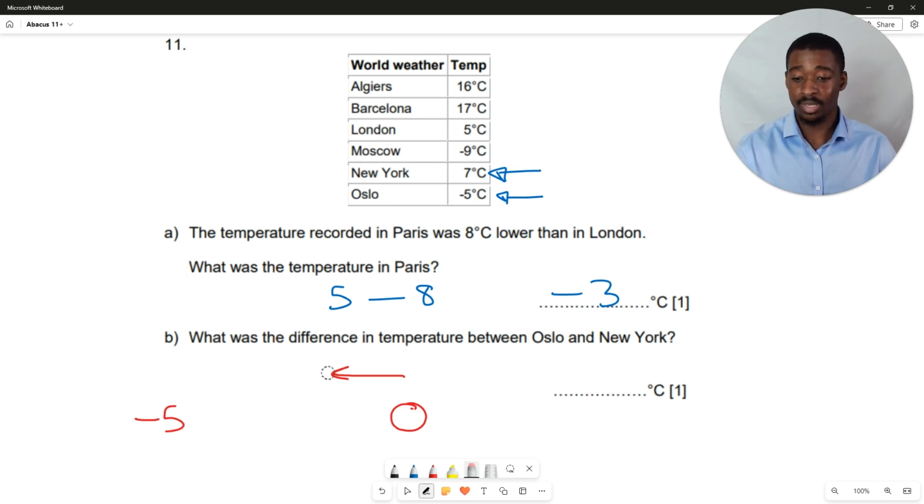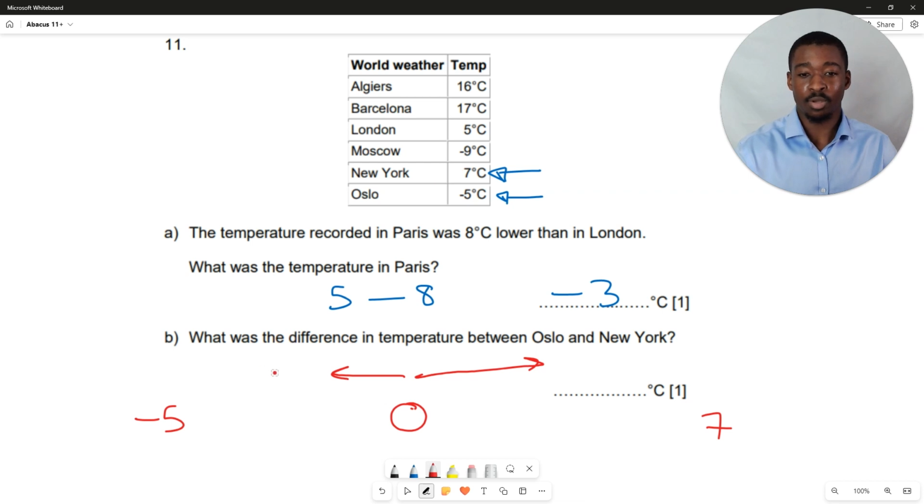And then 7 being a positive number is going to go to the right-hand side. It's going to be somewhere over here, 7 degrees Celsius. So the mistake here would be seeing the number 7, seeing the number 5 and thinking, oh, the difference is 2.